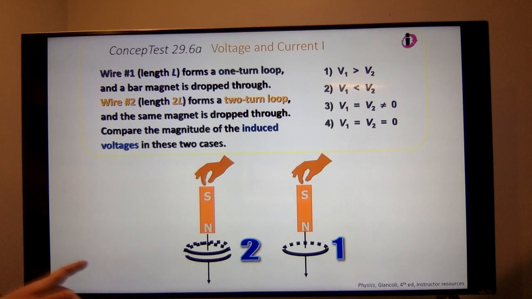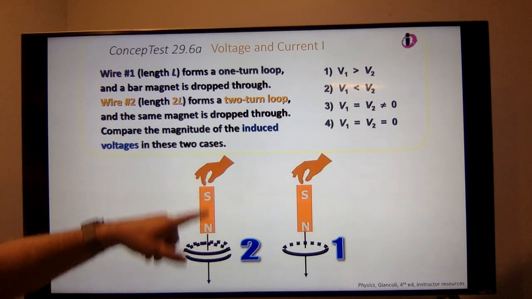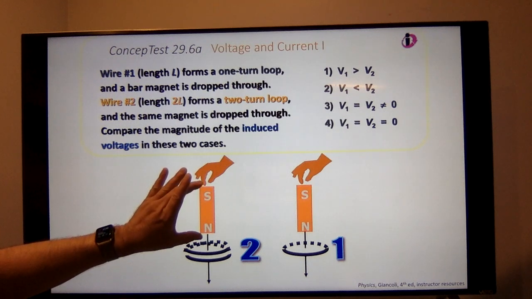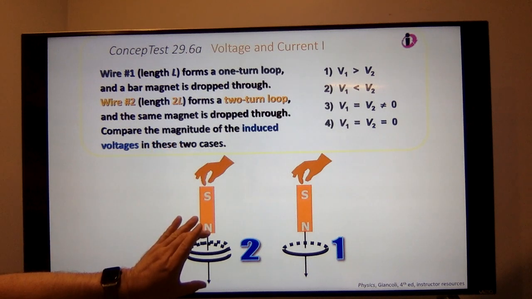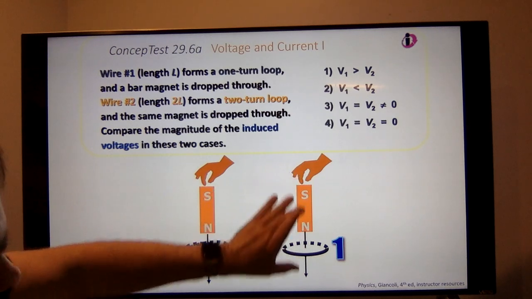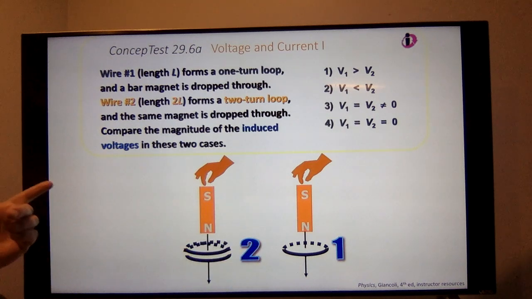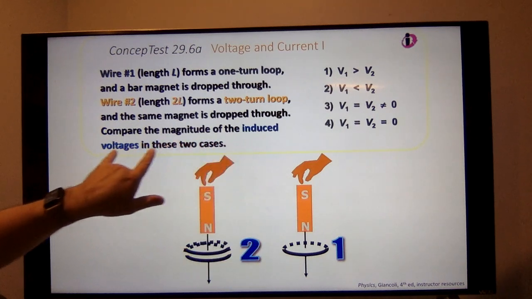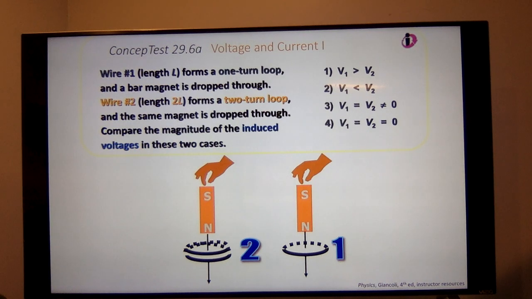So in this particular case, sort of stop the problem before it goes and falls all the way through. We're going to take a bar magnet and drop it toward these two loops of wire. And then we're going to take a bar magnet and drop it toward one loop of wire and see what the difference is. So we're looking for the magnitude of the induced voltages in these cases. Well, here's the key.